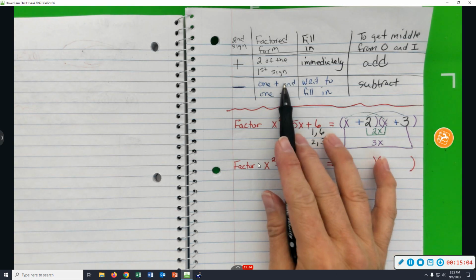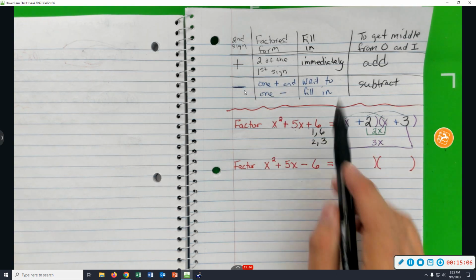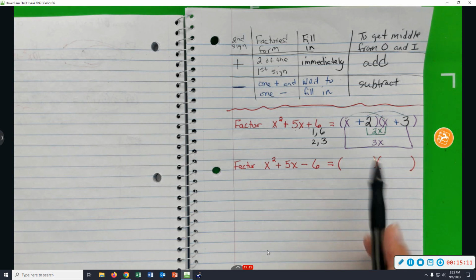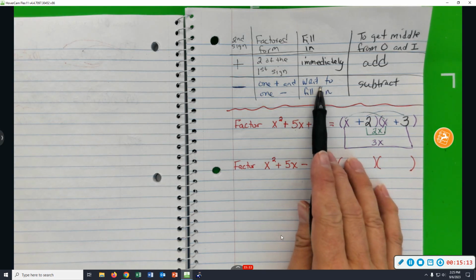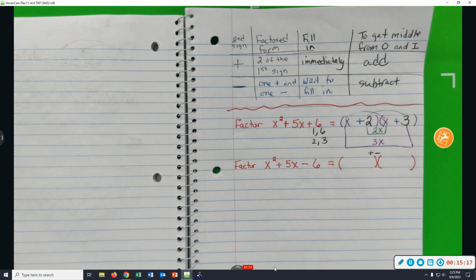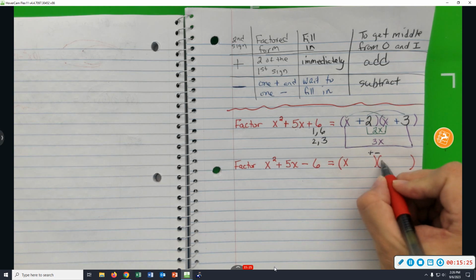One positive, one negative. I'm not sure where the plus goes and where the minus goes, so I'm going to wait to fill those in. I'm just going to make a little note. I'm going to put a plus minus right there, so I'll remember there's one plus, one minus. The first positions are x and x.